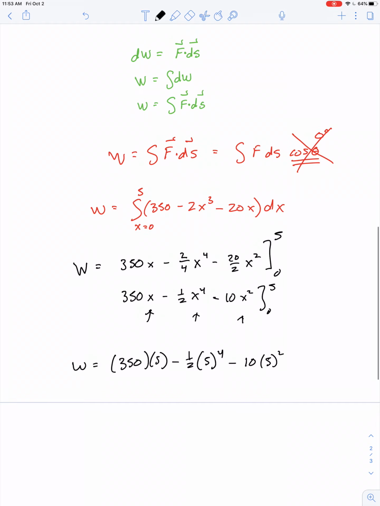You might need to grab a calculator for this one. 5 squared we know is 25, and 10 times 25 would be 250, so we got that part. Let's see, 5 to the 4th is 625. Half of that would be 312.5, so we got that part. 350 times 5, that's 1,500 plus 250. That's 1,750. Okay, we got that part.